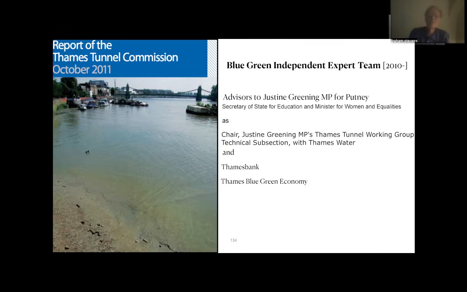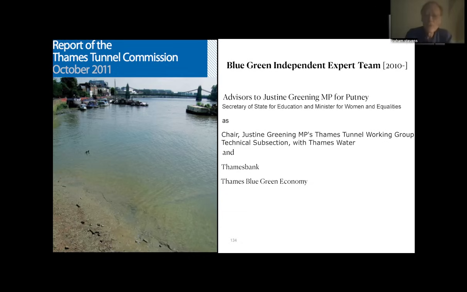Okay, so in 2009, Thames Water made a proposal to the government to build a tunnel, which would affect rebuilding in front of my house in Putney, on the Putney embankment. And so I was called what's called an interested person in the case to make objections to their building.